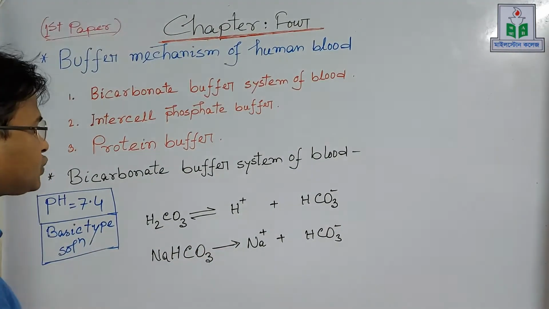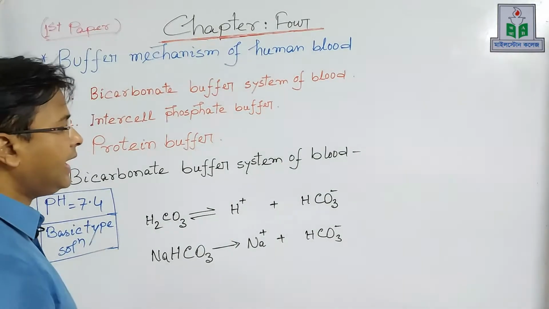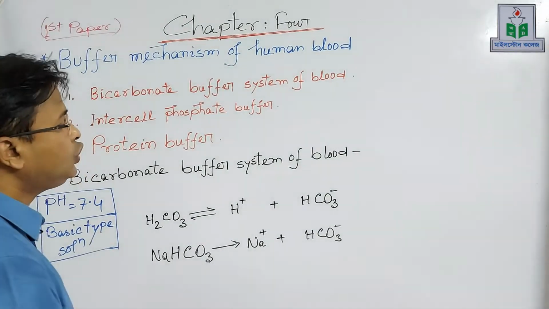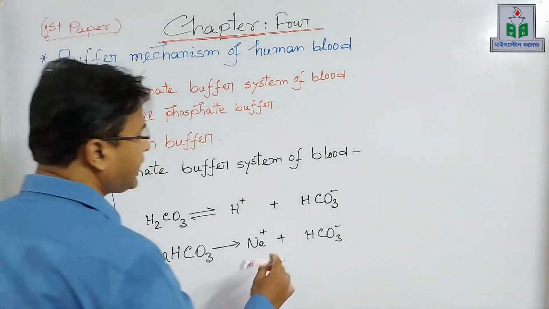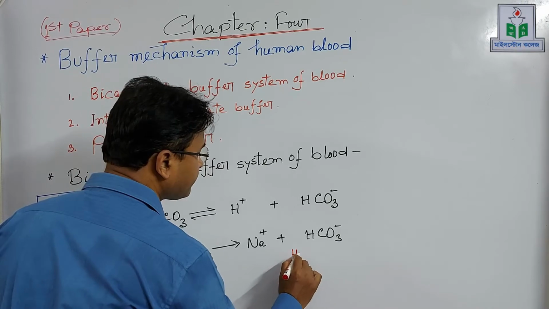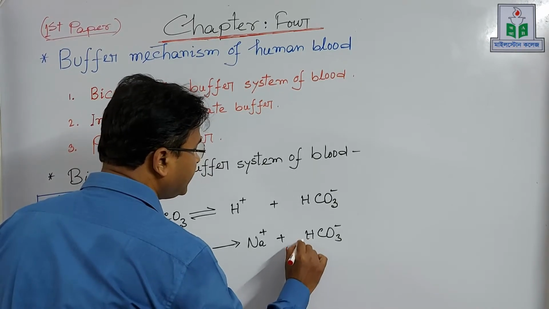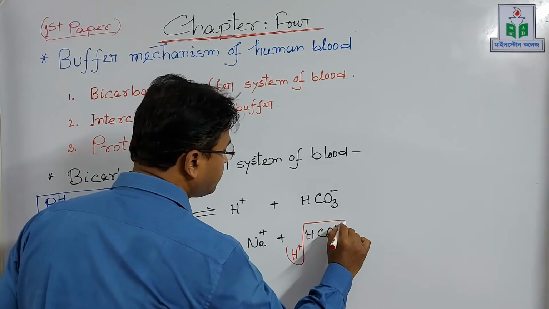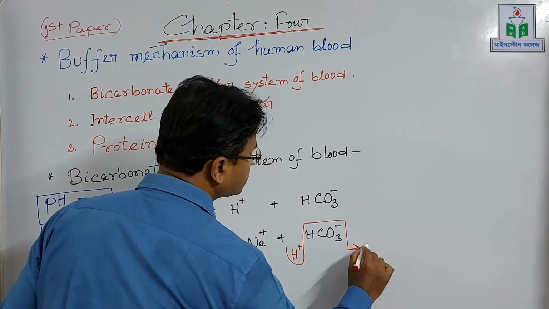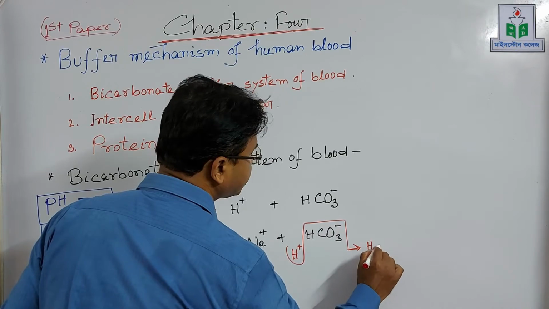However, dear students, if a small amount of acid is absorbed by human blood, the H plus ion of the acid combines with bicarbonate ion of human blood to produce carbonic acid.